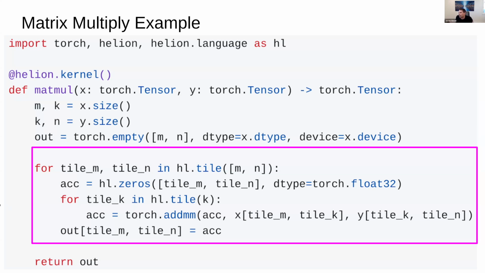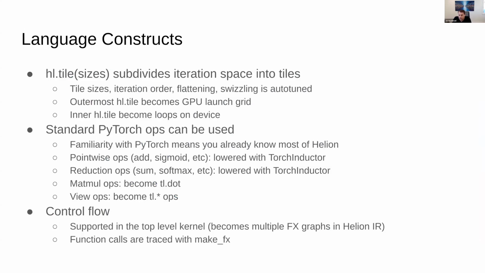So it's a tiled programming language similar to Triton. And you're basically defining, using PyTorch operations, what should happen on every tile that you process. And so the core language construct is this hl.tile loop.